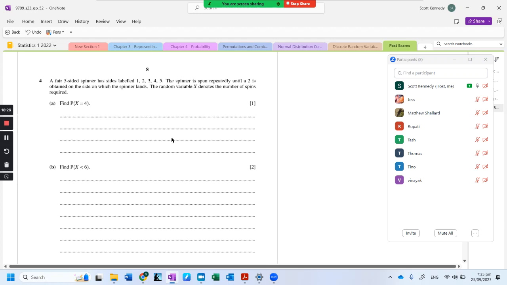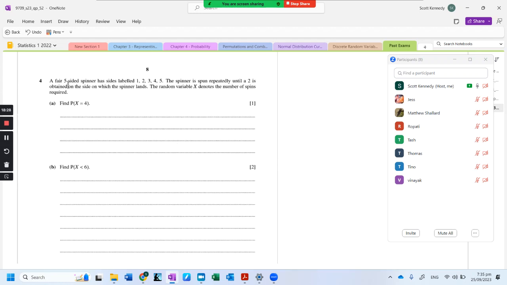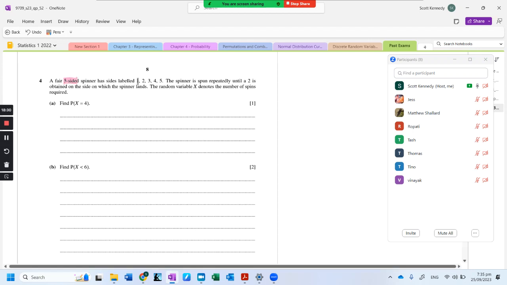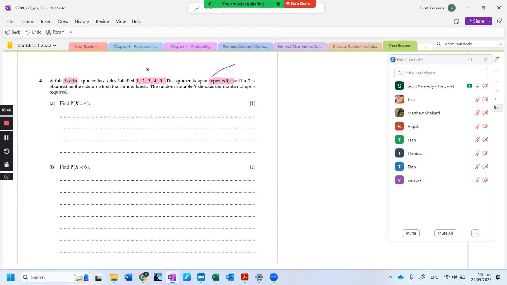All right, so a fair 5-sided spinner has sides labeled, helpfully, 1, 2, 3, 4, 5, and we spin repeatedly until we get a 2, and the random variable denotes the number of spins required. As soon as you see this, what are you thinking, Matthew? Yes, correct.